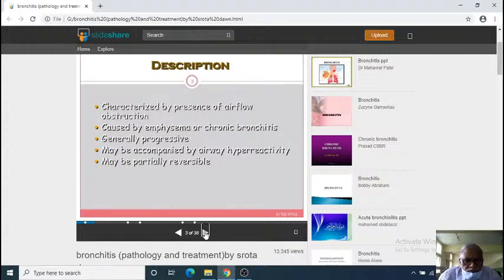Then you have COPD, characterized by the presence of airflow obstruction. There is difficulty in breathing, caused by emphysema and chronic bronchitis, and generally it is progressive and may be accompanied by airway hyperreactivity, and may be partially reversible depending upon the condition.